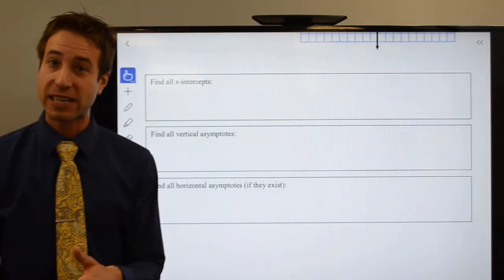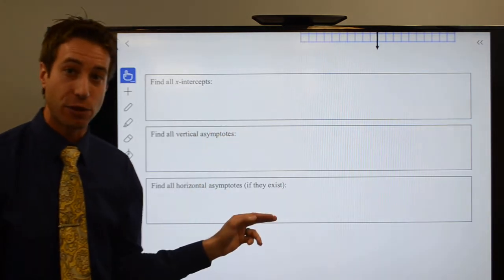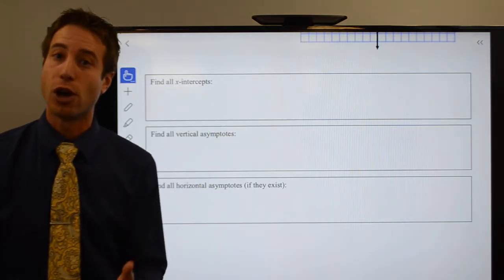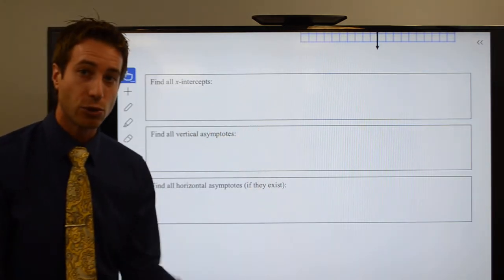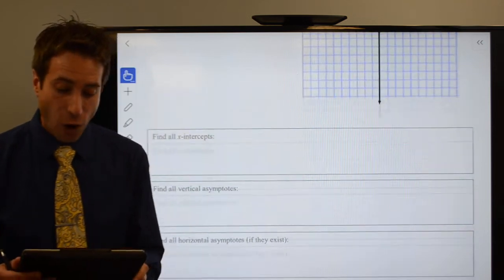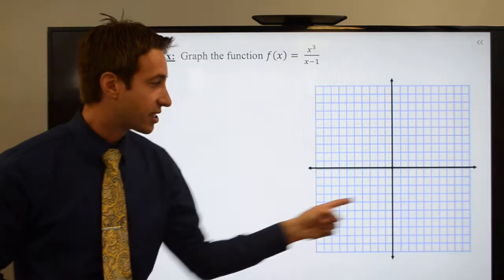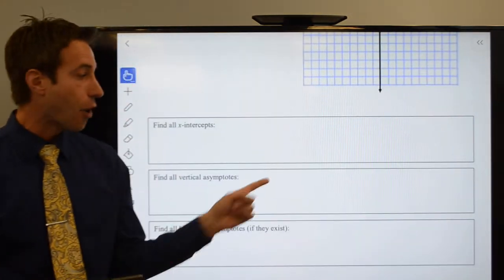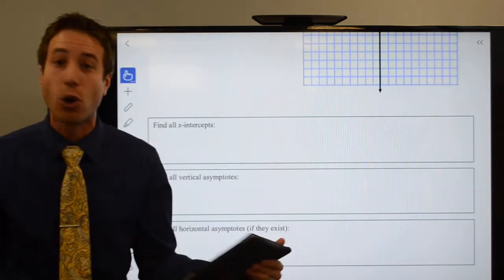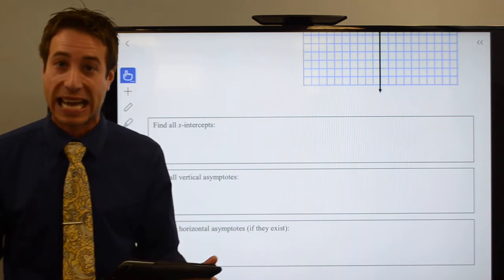And your graphing calculator will not give you this information. So, since you have to be able to do the work anyway, and if all you do is put this in your graphing calculator, sketch the graph on here, and leave all of these blank, I'm not going to give you any credit anyhow.